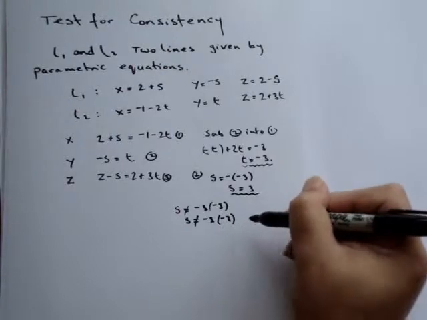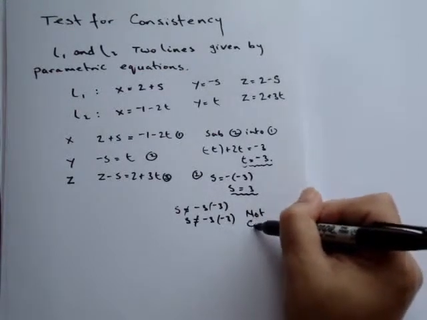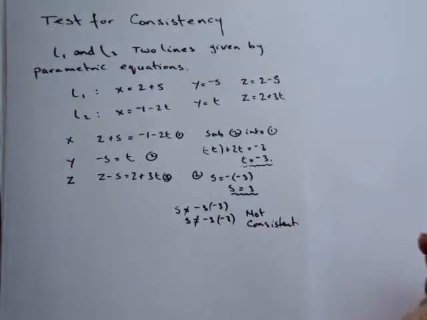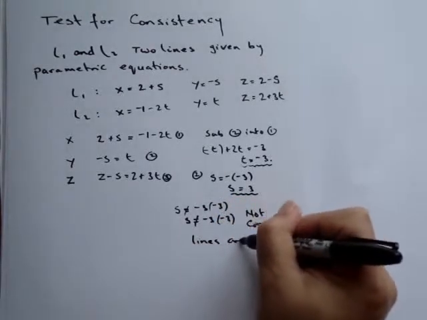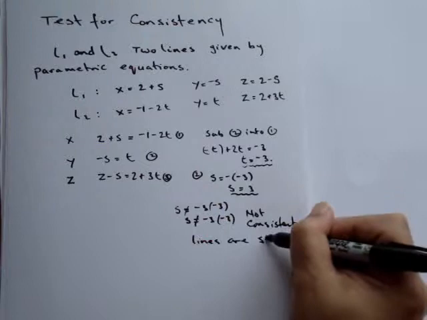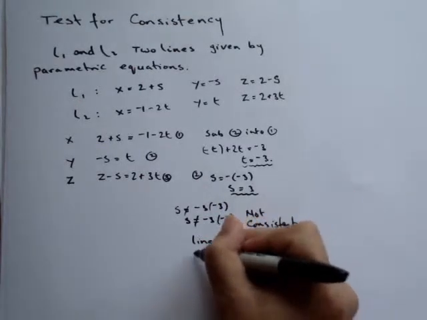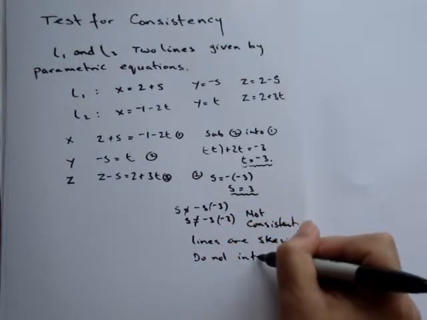So the lines are not consistent. So the lines are skew and do not intersect.